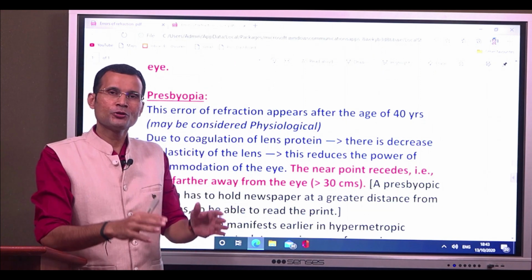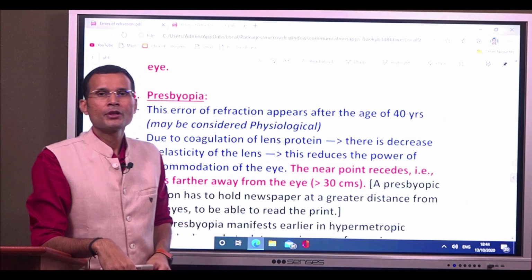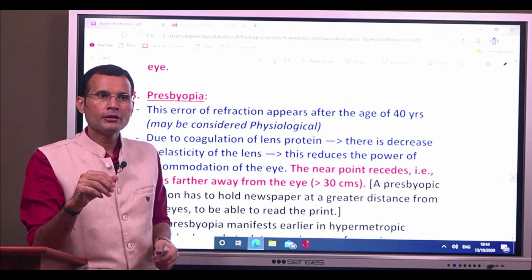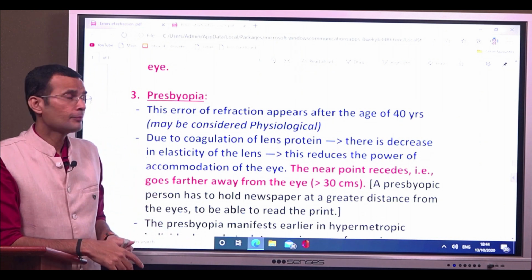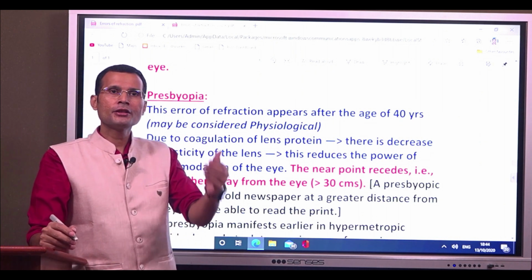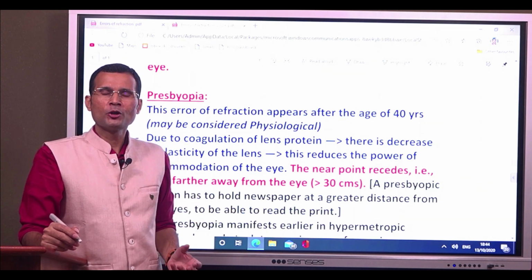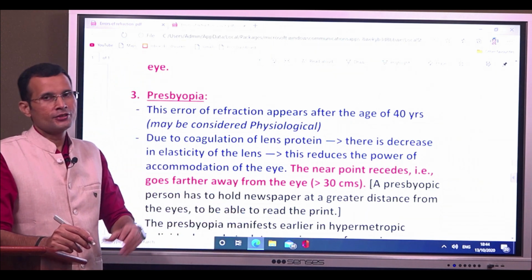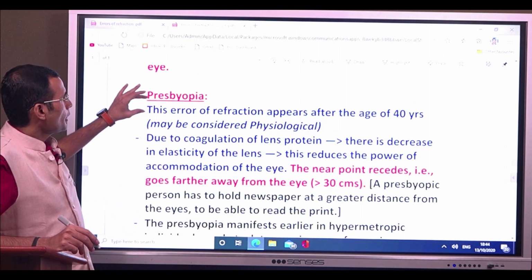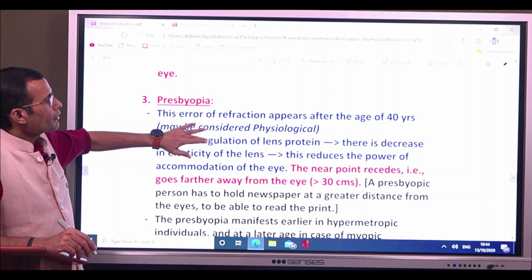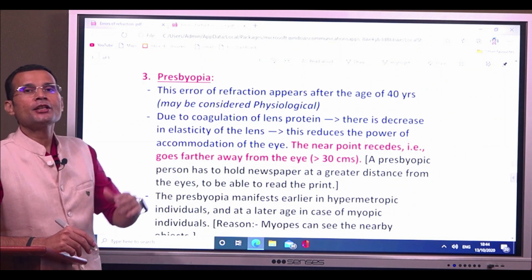So distant vision is normal, near vision is affected. And presbyopia is bye-pia, bye in that sense. So after a certain age, after the age of 40, there is loss of power of accommodation, and that is our third error of refraction, presbyopia. So this is the error of refraction which appears after the age of 40 years.